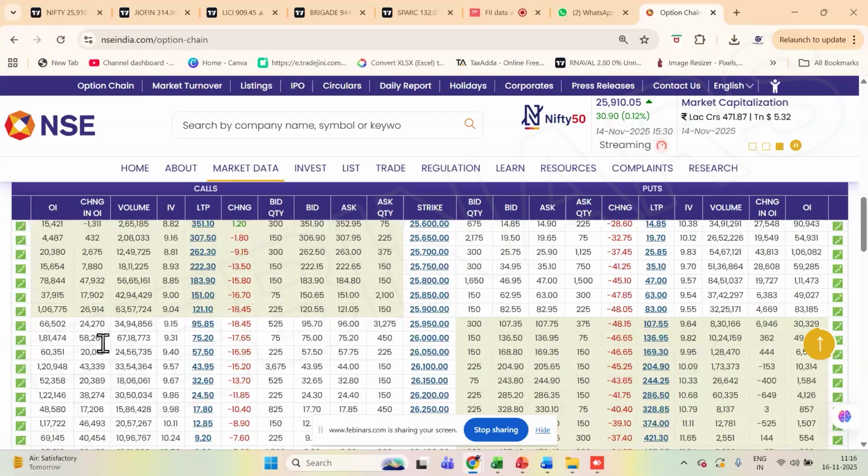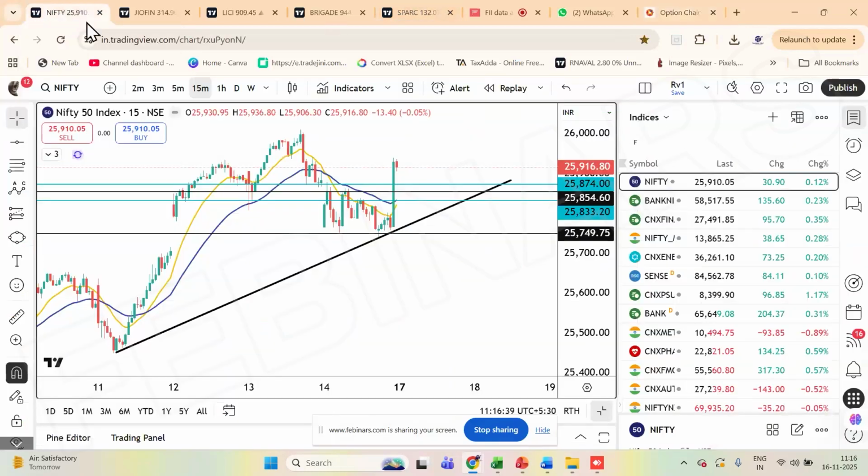Maybe there might be some consolidation on Monday, as at 26,000, the round figure mark, there is a strong base, 26,000, 26,100, as well as 25,900. There is not much of a great buildup seen at 25,900, but I would see 26,000 to 26,100. The data shows even the change in open interest where the call writing has happened, maybe some consolidation over Monday's period as the data hints. So I would watch the price behavior.